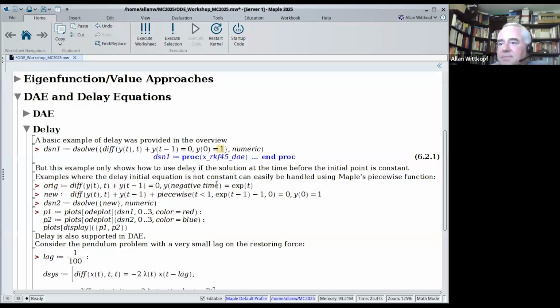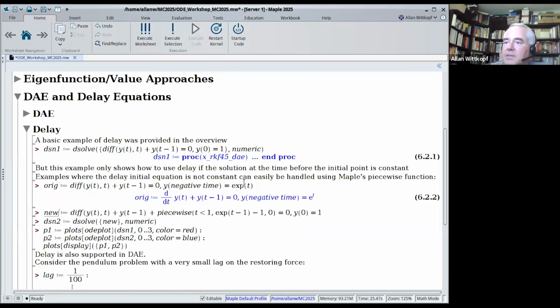This is essentially the problem statement: we have this differential equation and we have y at negative time equal to some function that's not just constant.